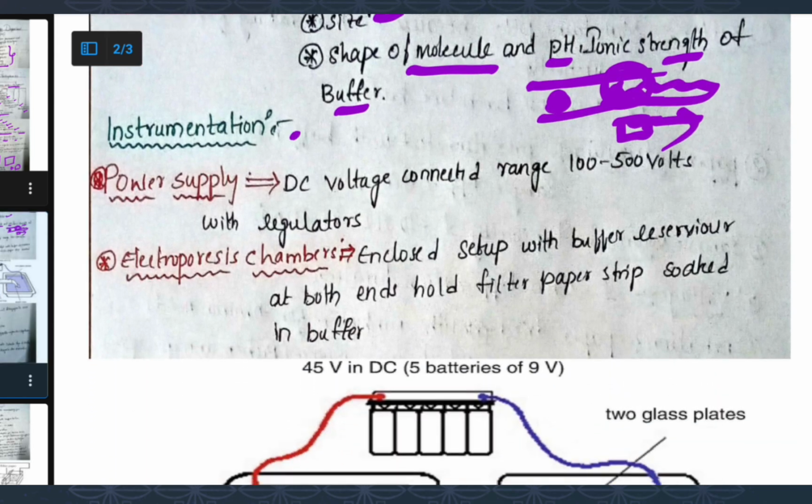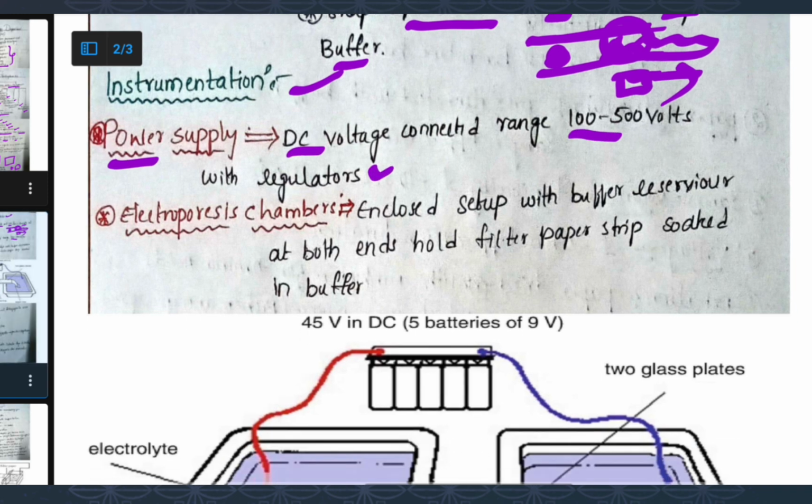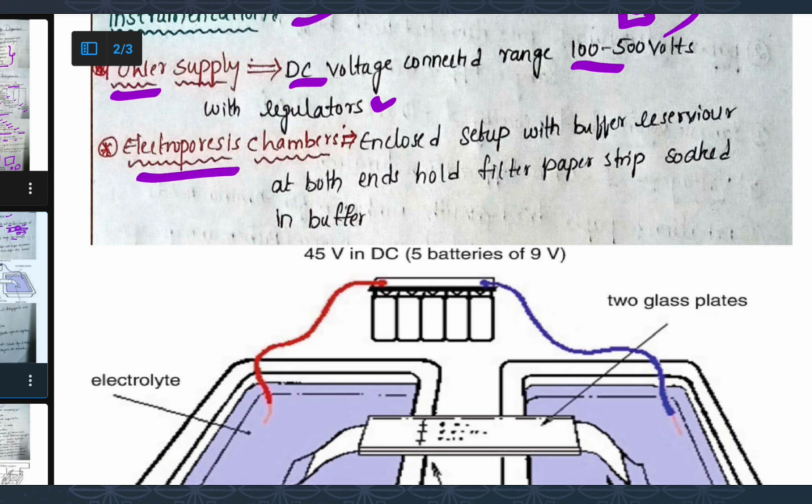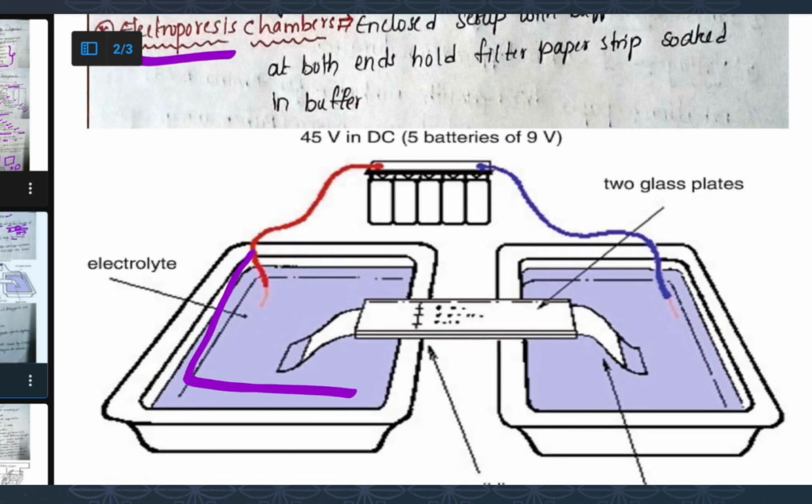Then coming to instrumentation, we have a power supply, DC voltage ranging from 100 to 500 volts, with regulators. Then the electrophoresis chamber, where the buffer is placed, and the paper ends are placed in both electrophoresis chambers.